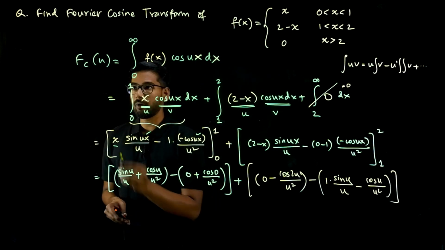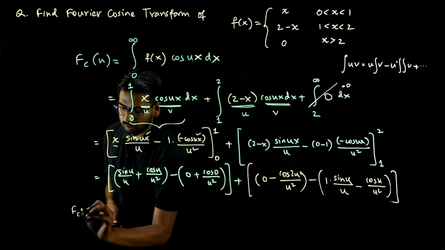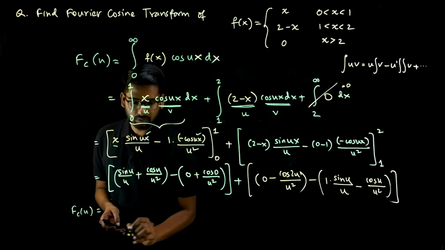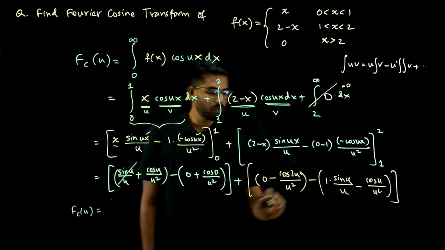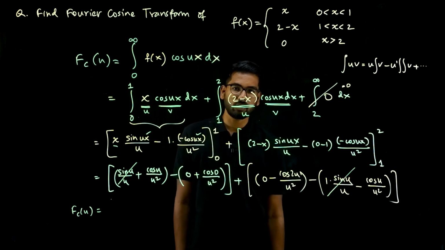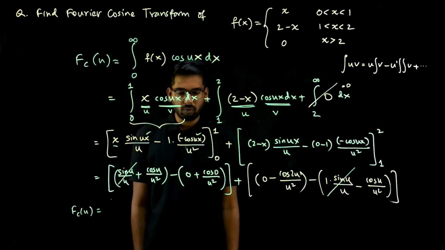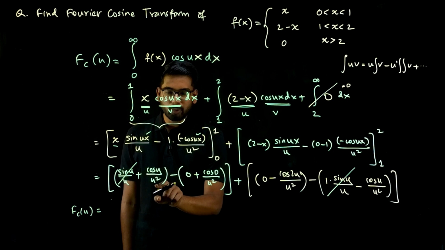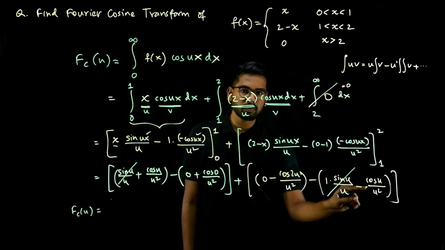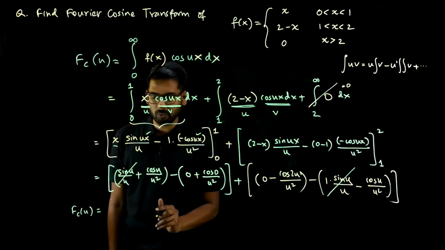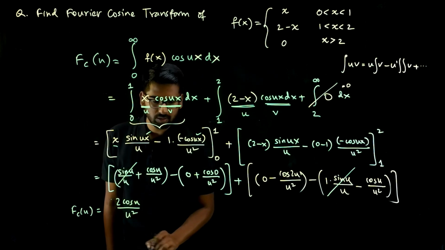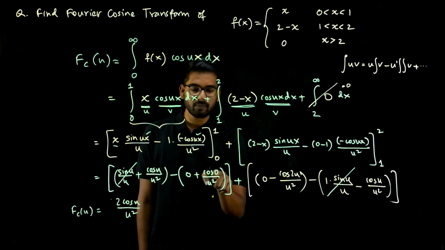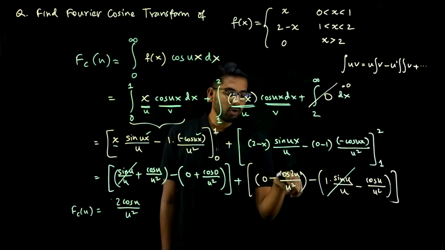Now finally, Fc of u, we will get as follows. There is a plus sin u by u and there is a minus sin u by u, which get cancelled. Then what else is there? Cos u by u square, and minus into minus plus cos u by u square. There are 2 cos u by u squares, so I'll get 2 cos u by u square, and then there is minus cos 2u by u square.